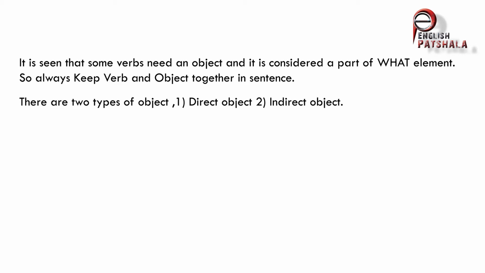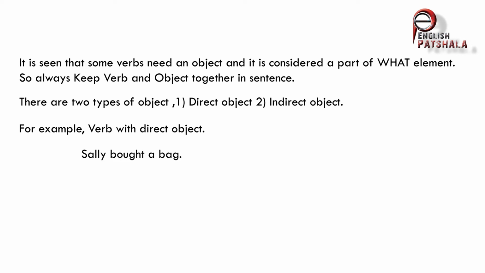One is direct object and another is indirect object. Let's see some examples. First, Sally bought a bag. Here a bag is a direct object.